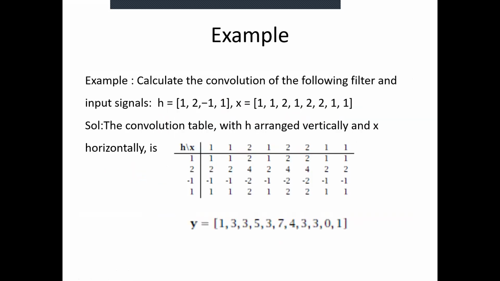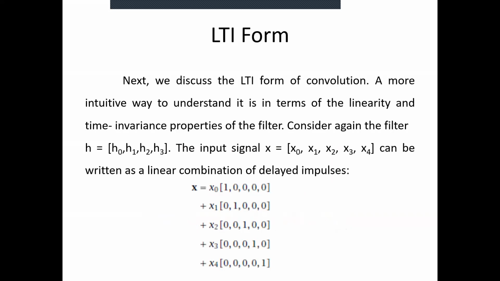Now we have discussed the first technique, which is the convolution table. Now let's go to the second way, which is called the linear time invariant form. As I think you are familiar with the delta function, it's okay. So when we talk about, say, x naught, it means multiplied by delta of n.